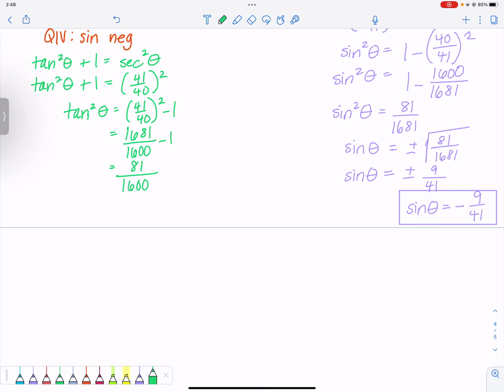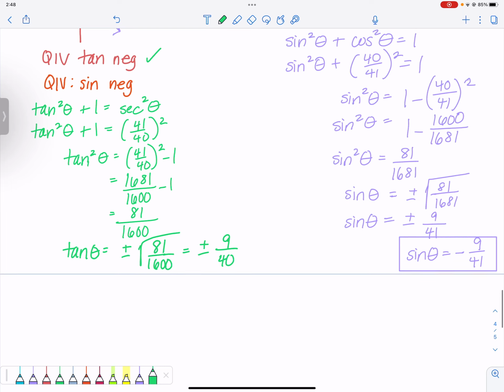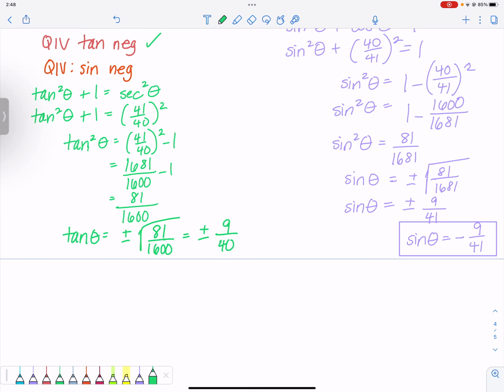That if we have the tangent of theta, it will be plus or minus the square root of 81 over 1600, which is plus or minus 9 over 40. We do have to choose the negative value. So we will have that the tangent of theta is the opposite of 9/40.